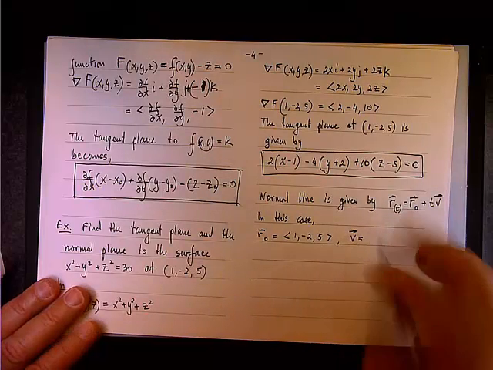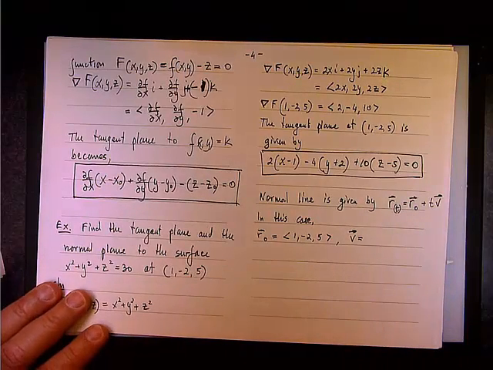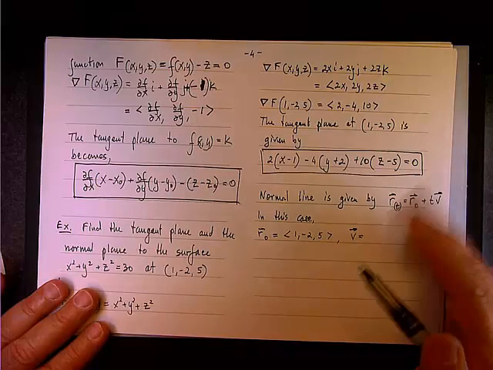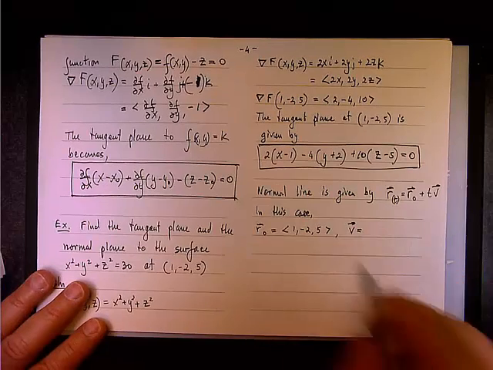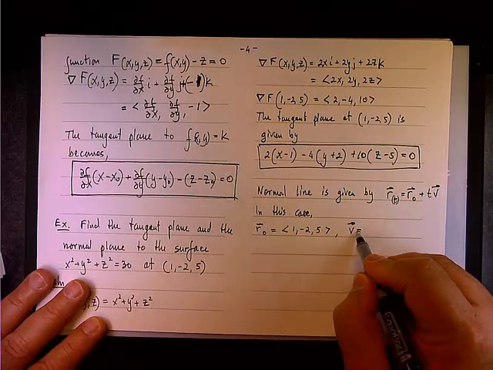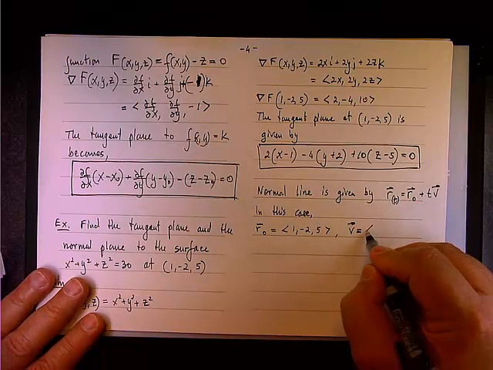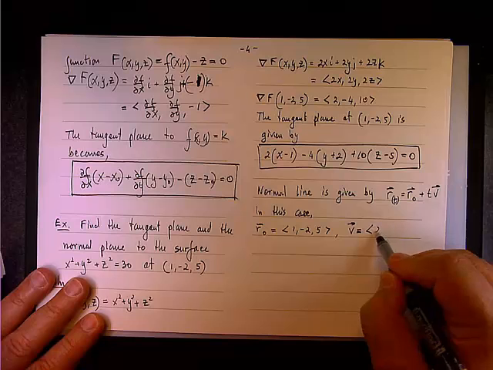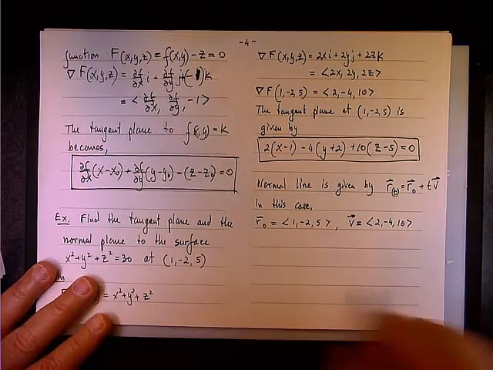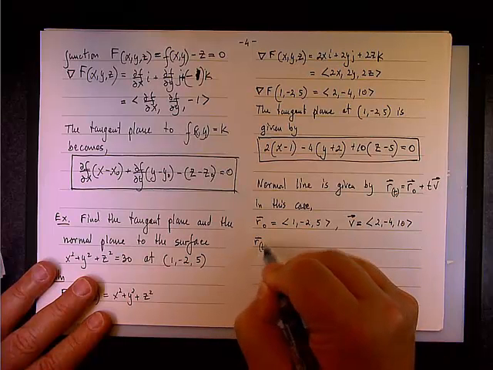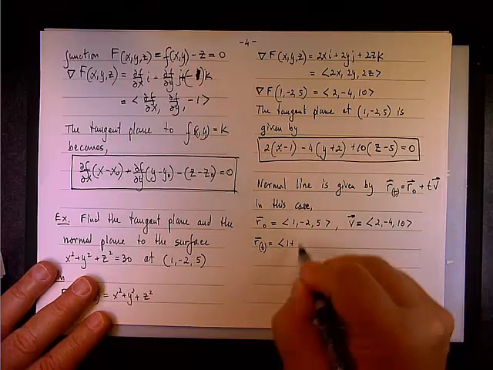What will be v? Well, v is the gradient, because the gradient is orthogonal to the tangent plane. We are looking for a normal line, so it will be parallel to the gradient, which is (2, -4, 10).